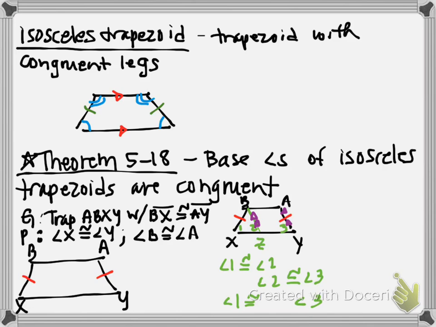Okay. I'm still confused on how you get the BZ congruent to the BX. Well, we started with, for this one, we would get that ABZY is a parallelogram, because we've created it to be that. And then we know from parallelograms that opposite sides of a parallelogram are congruent.